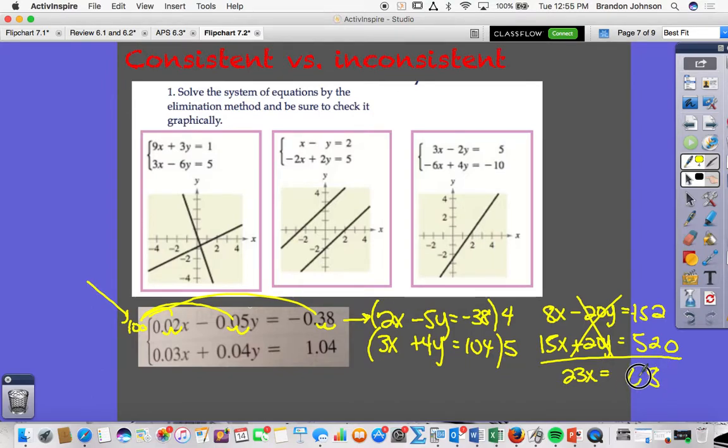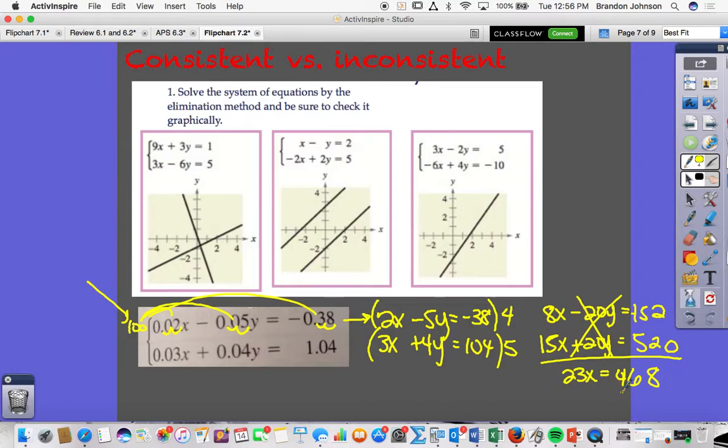make sure, 468, is that right? 468, yeah. So 468, I think that's positive. I'm just making sure. So 468 divided by 23. Make sure.